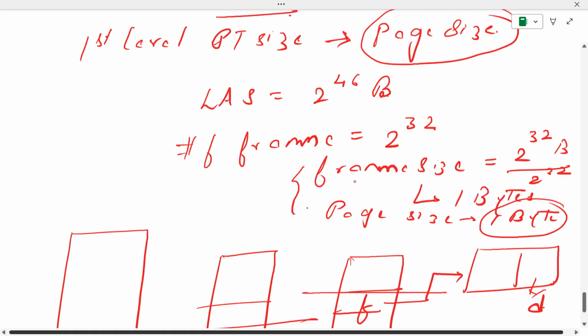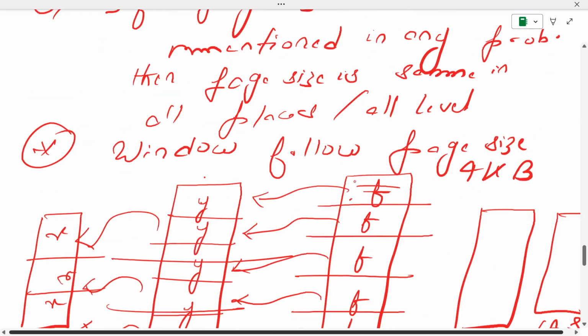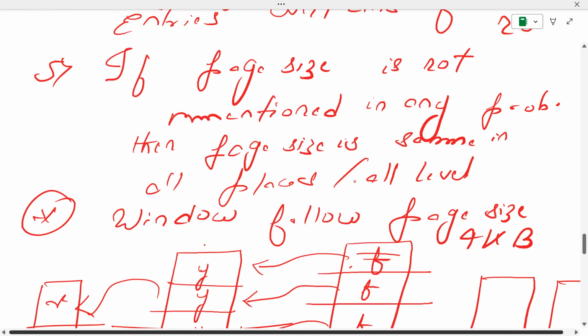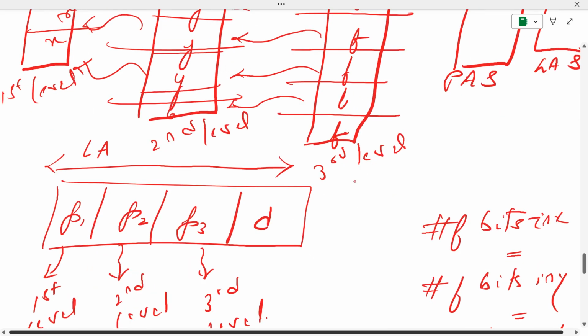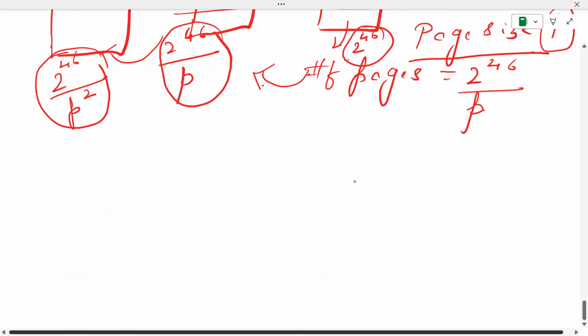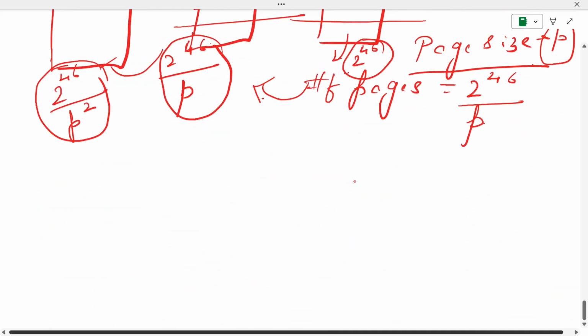Now it is saying that the first level page size is, sorry, what is the question? Let me go back to the question. So it is saying the first level page size is exactly same as the page size. So first level page size is this, 2 raised to the power 46 upon P square.